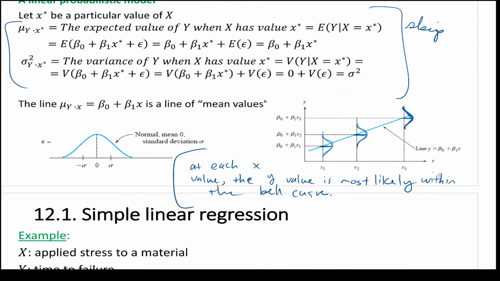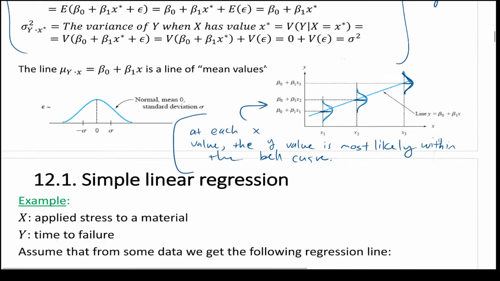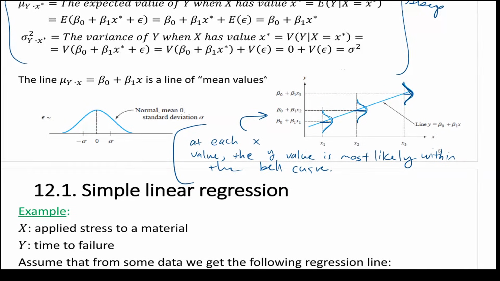So that's kind of the takeaway from this picture here, is that the values on that line for y are normally distributed around the line. Okay, so it's not exactly on the line, but there's going to be a normal distribution around that line. So our data points, our y values for each x value are going to be normally distributed around that line.